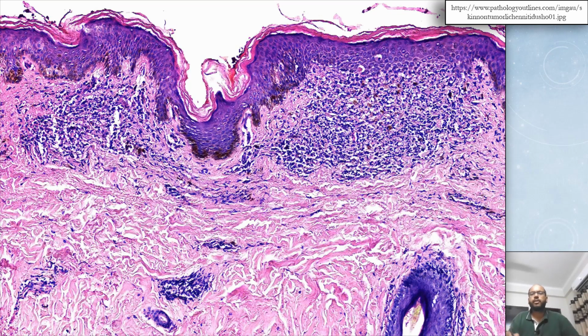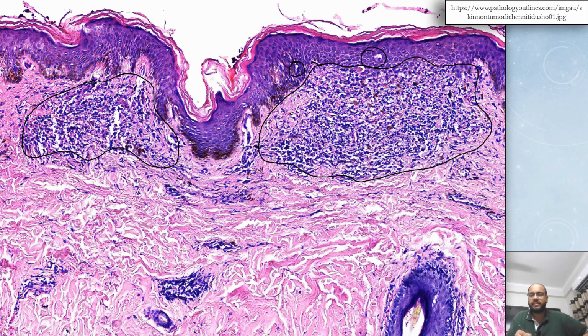So look at this slide from Pathology Outlines, and you can see at the dermoepidermal junction, you have circumscribed localization of the inflammatory infiltrate, and it is composed mainly of lymphocytes. In fact, here also you can see lymphocytic infiltrate. There is focal basal cell damage.